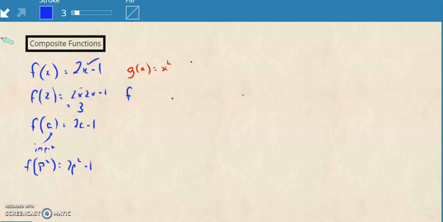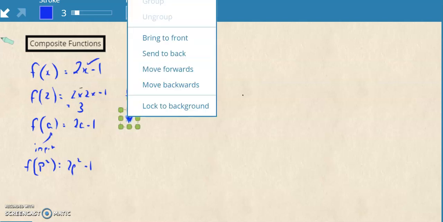So rather than finding the function value at 2, what if we want to know the f function's value when the g function is 2? So compose the functions f and g such that we find the value of the f function when the g function is 2.